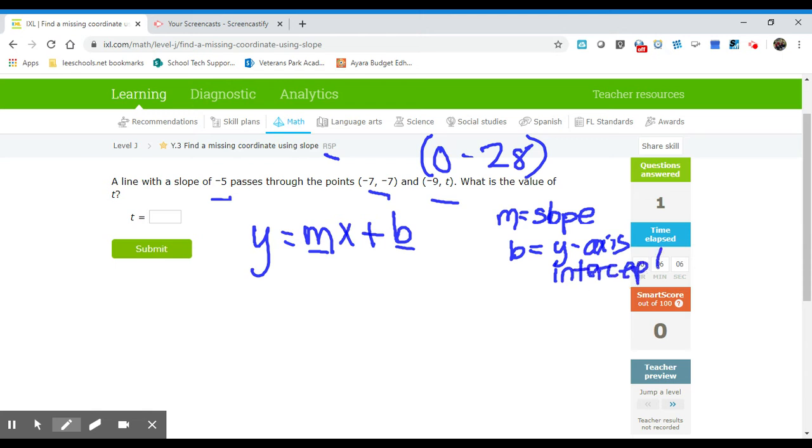Okay? That's very important. Now, what we're trying to find in this problem is this particular y value when we're given the slope. So we are going to use this ordered pair to solve for that. So we're going to plug some values in.